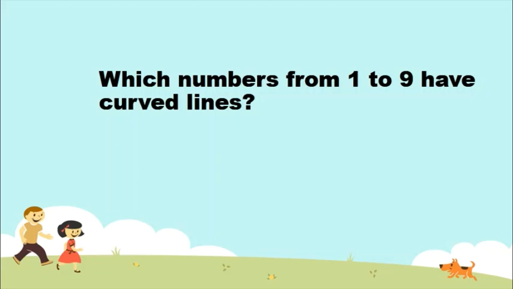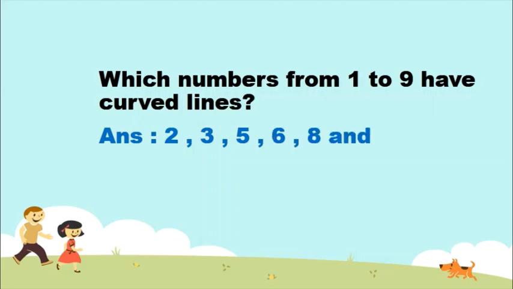No. So, 2, do we have a curved line? Yes. Then 3, correct. 4, no. 5, yes. 6, yes. 7, no. 8, yes and 9. So, what are the numbers which have curved lines from 1 to 9? They are 2, 3, 5, 6, 8 and 9.